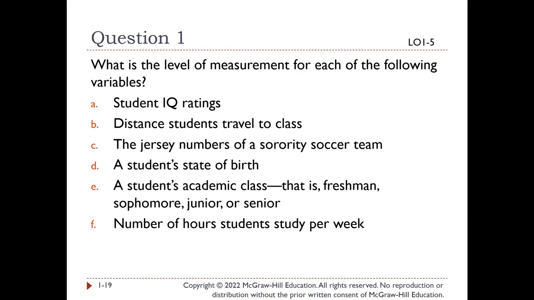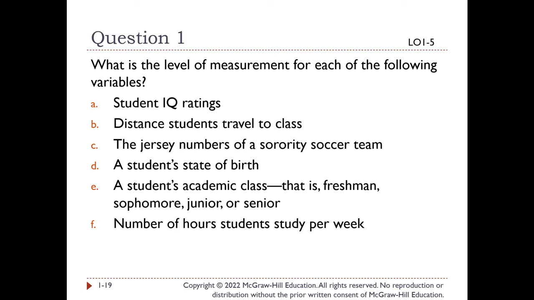Again, chapter 1. We're going to work with it. What is the level of measurement for each of the following variables? A, student IQ ratings. B, distance students travel to class. C, the jersey numbers of a sorority soccer team.